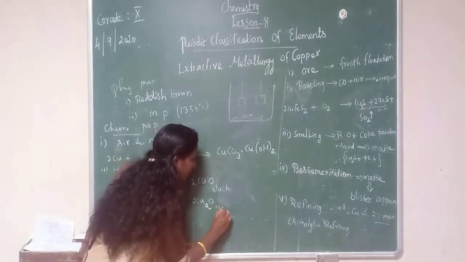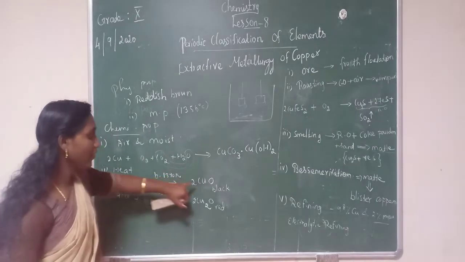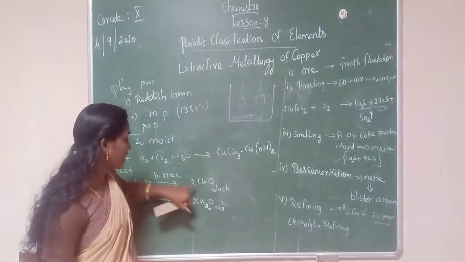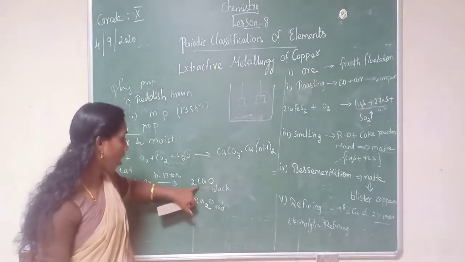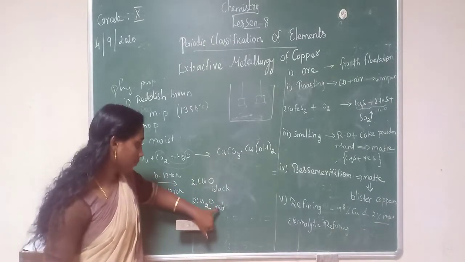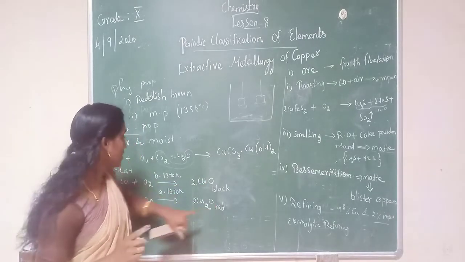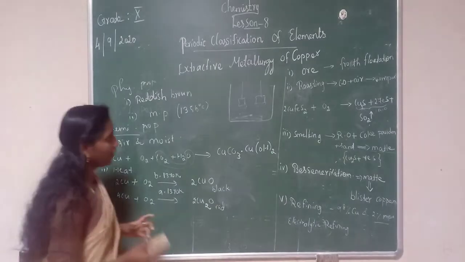This is red in color. Have you understood? Below this temperature we will get black copper 2 oxide. Above this temperature we will get copper 1 oxide, that is red in color.